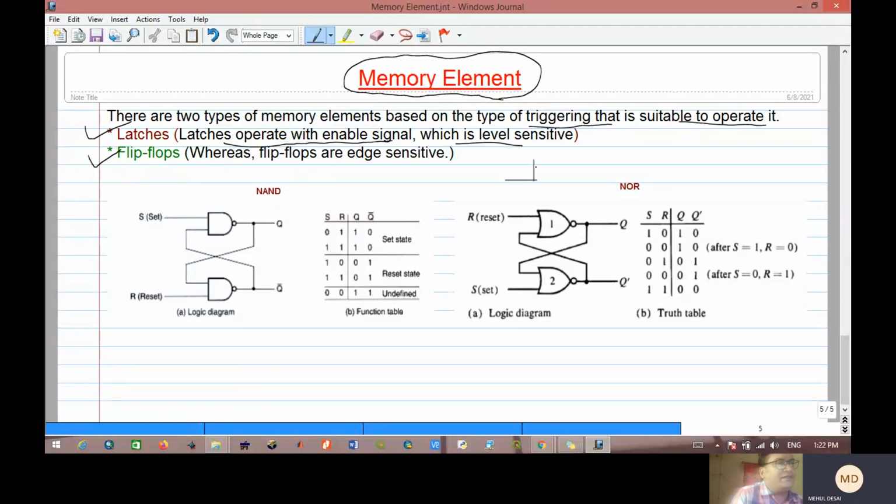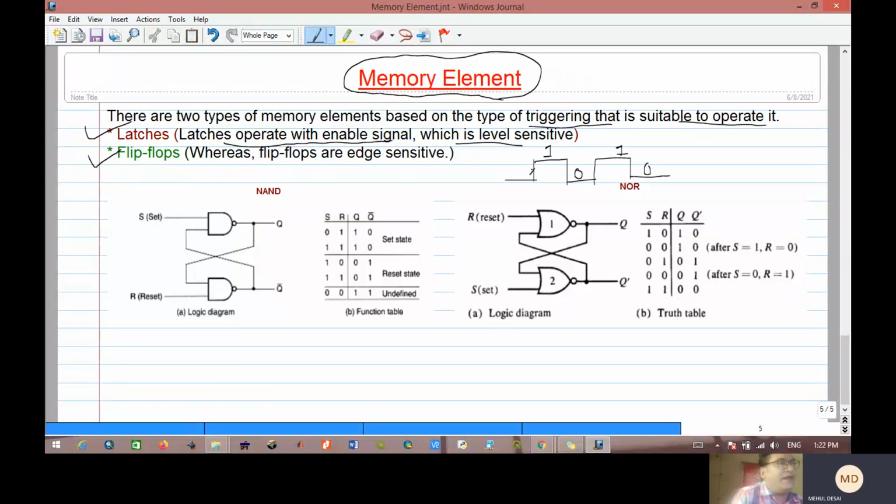Level sensitive means this is the clock input, and based on this 1 and 0, the latch is operated. So this is enabled with level sensitivity. Now flip-flops are edge sensitive, which means flip-flops work when the clock is applied.